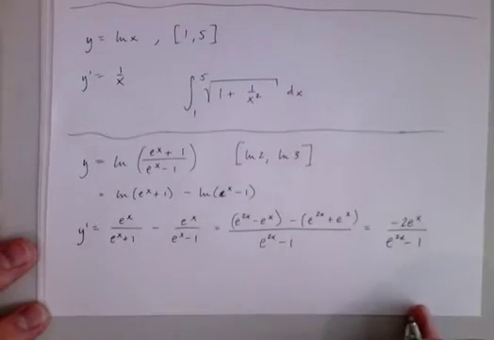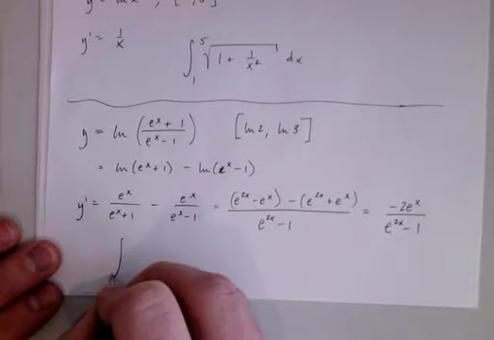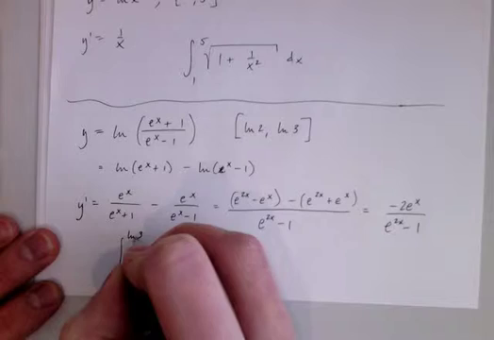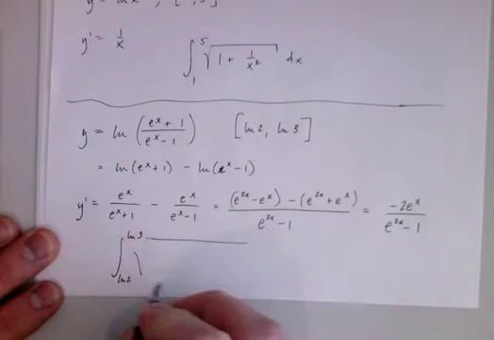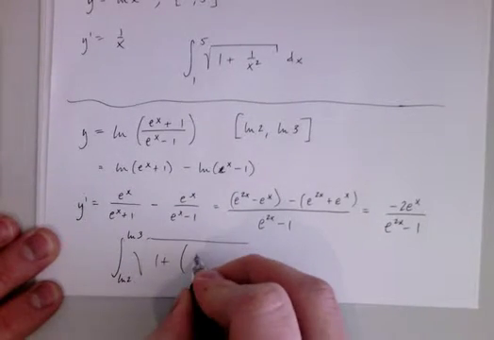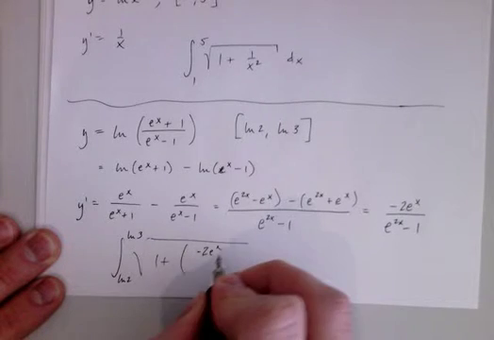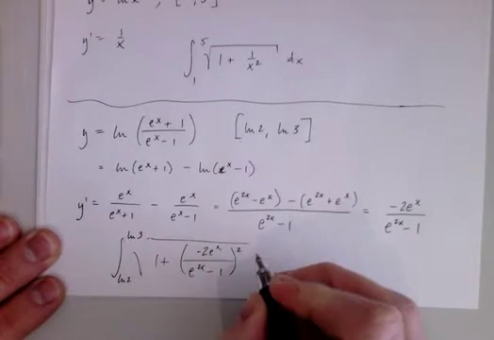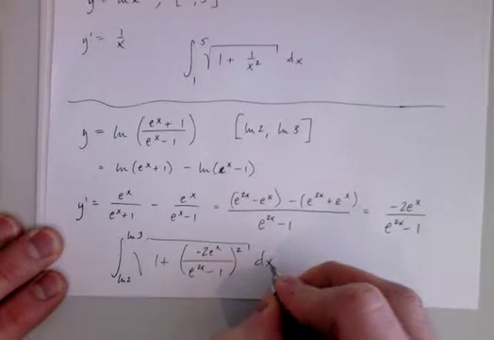And that, of course, is going to be the y prime that we put in there. So we have the integral from natural log 2 to natural log 3 of the square root of 1 plus negative 2 e to the x over e to the 2x minus 1, squared, which winds up being a little bit cleaner, dx.